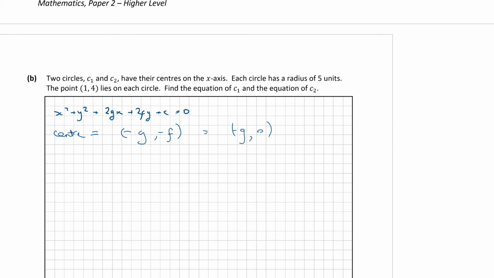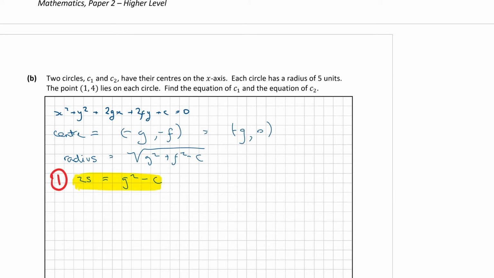The radius is equal to 5. So if the radius is equal to the square root of g squared plus f squared minus c, then the radius squared is equal to g squared plus f squared minus c. So the radius squared is going to be 5 squared, which is 25, is equal to g squared, and we know that f is 0, so minus c.